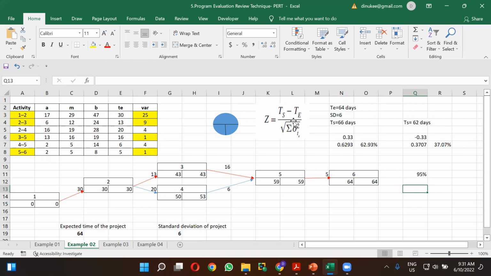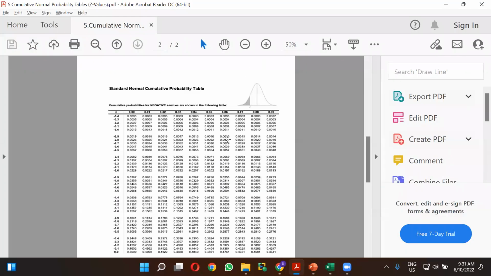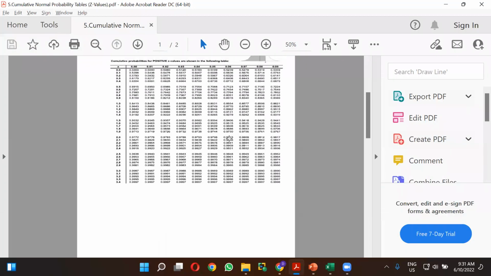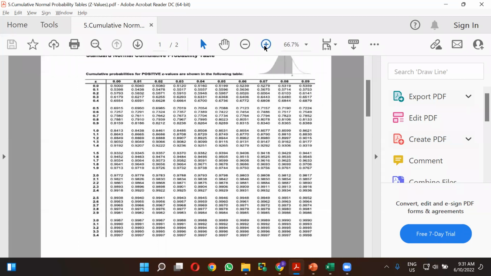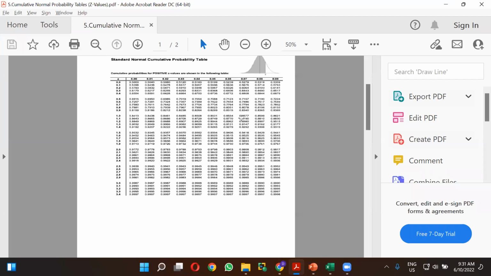So if we are having 95% probability, you have to figure it out using this Z table, right? So from the Z table, 95% probability. Can you see this after I am zooming this Z table?